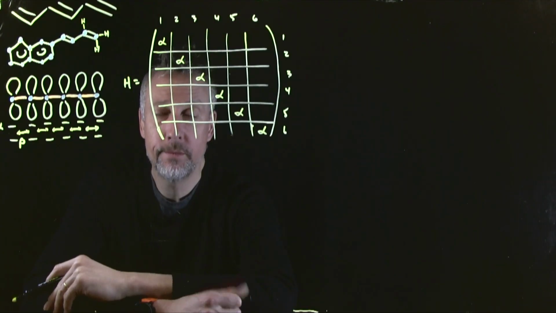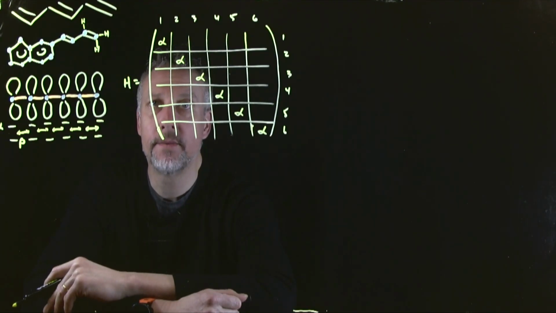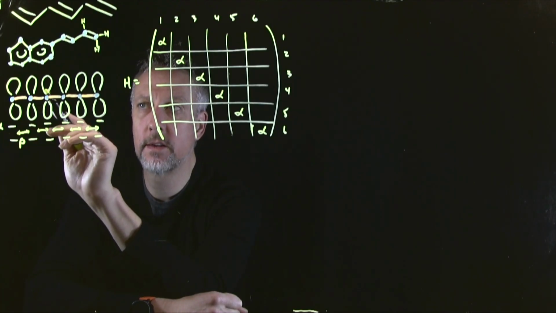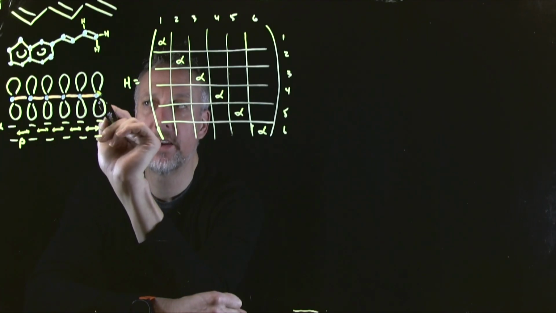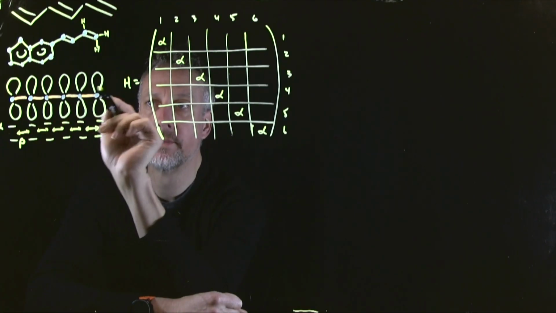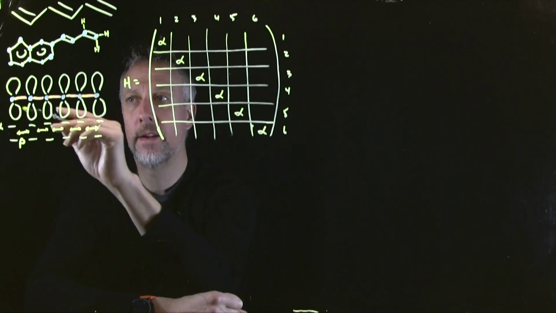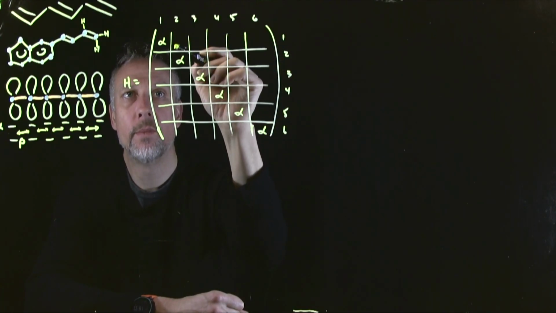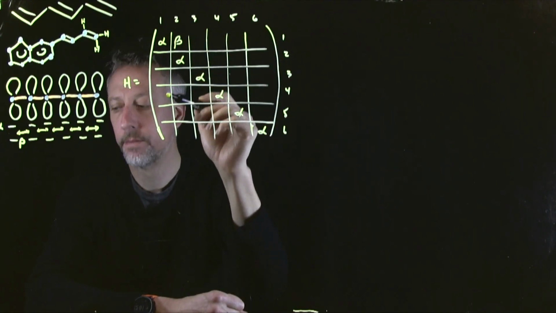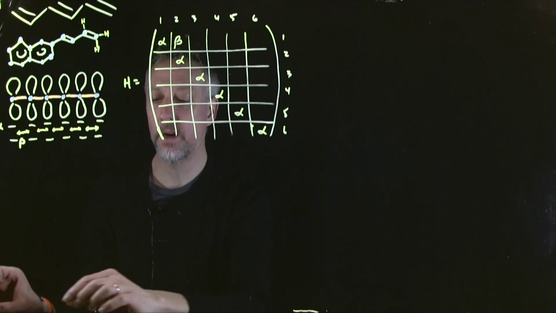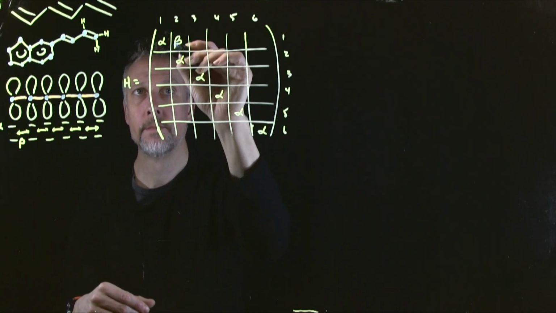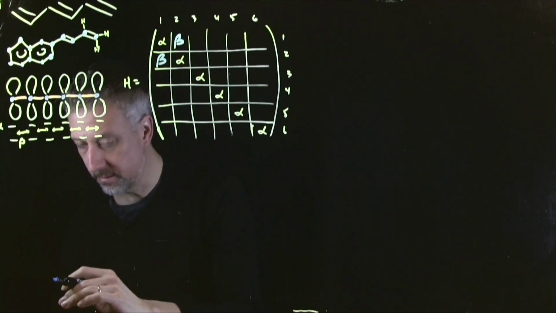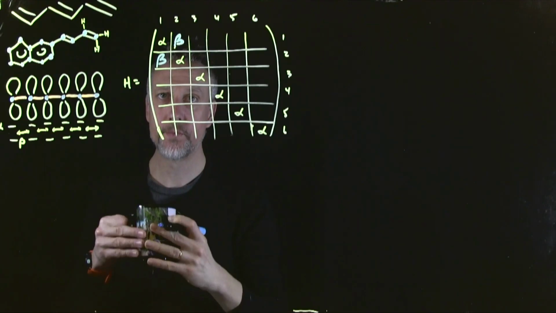And now comes the chemistry part, the connectivity. We know that 1 is connected to 2, 2 is connected to 3, 3 is connected to 4, and so on, but 6 is not connected to 1. So inside every place where we have a connection, so 1, 2, for example, we put beta. The matrix has to be symmetrical so that it's Hermitian.